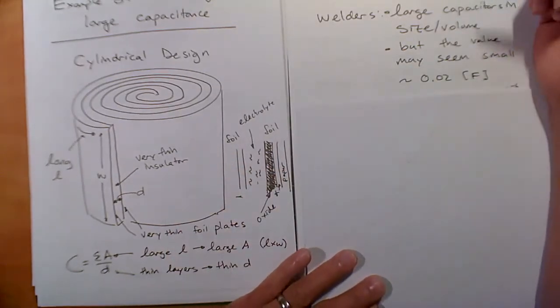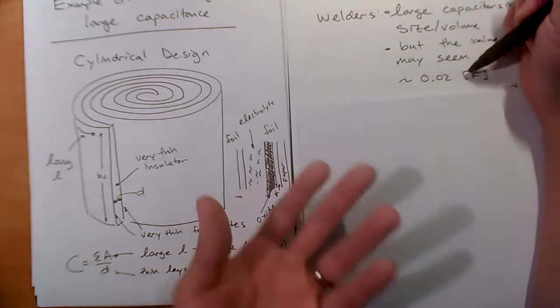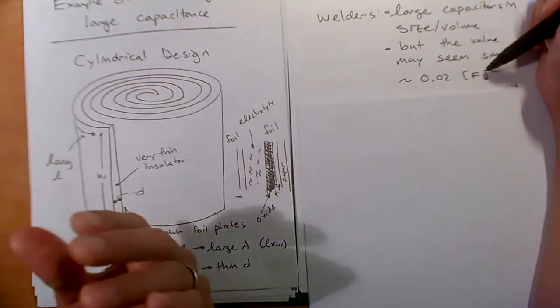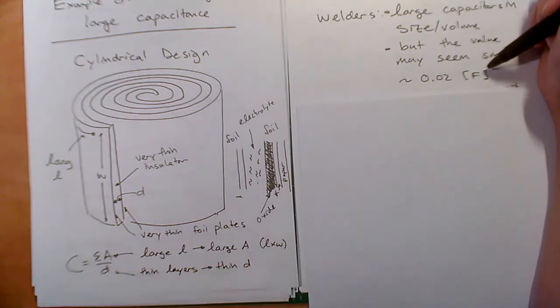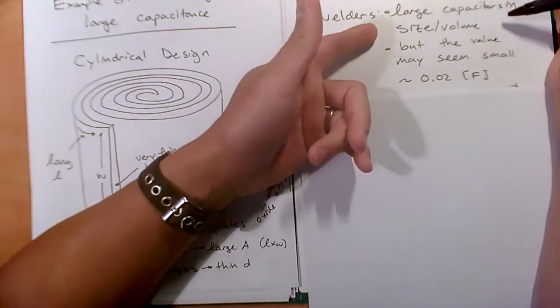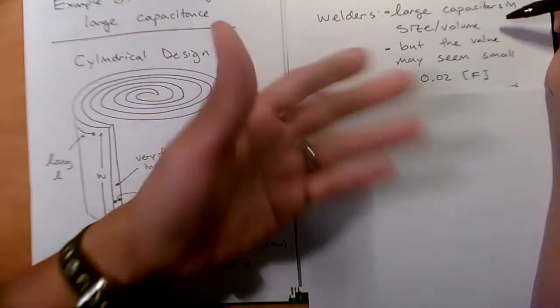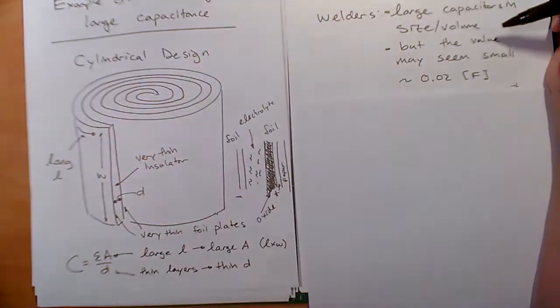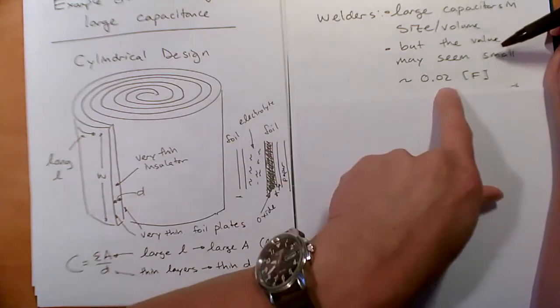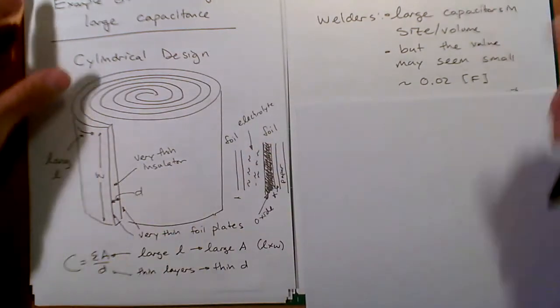Well, funny enough, the absolute number of a farad might actually be very small. It's hard to get big numbers. If you see 1 farad, 2 farads, that's a crazy amount of capacitance, right? So even these large capacitors, they might be large in terms of size and volume, and they might be able to contain a lot of charge, but they will seem small in terms of their farad value, like 0.02 farads.